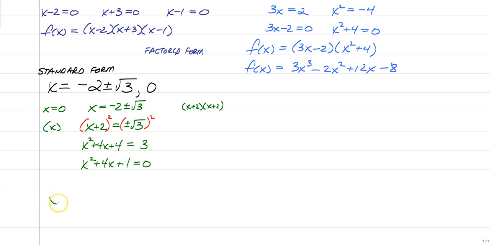So now we have x times x squared plus 4x plus 1, and that would be our factored form. To continue and write it in standard form, you would just distribute the x, and you have x cubed plus 4x squared plus x. And you are done.